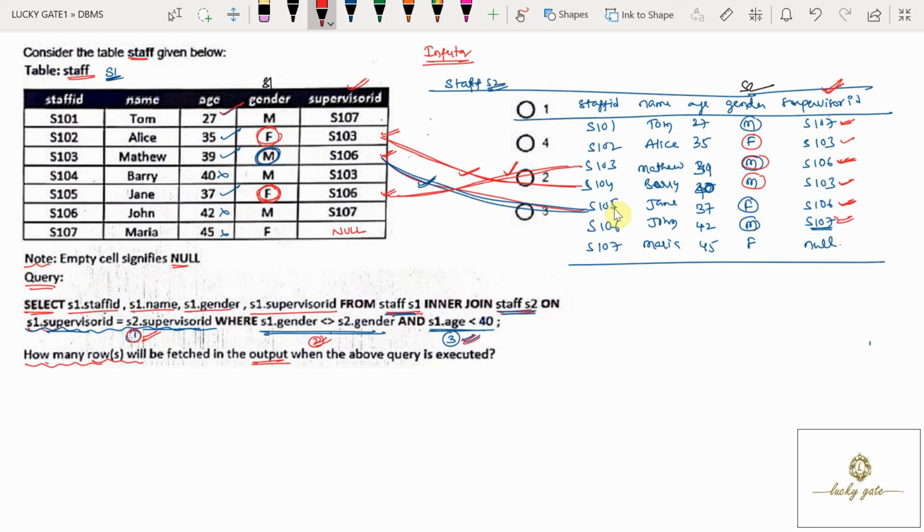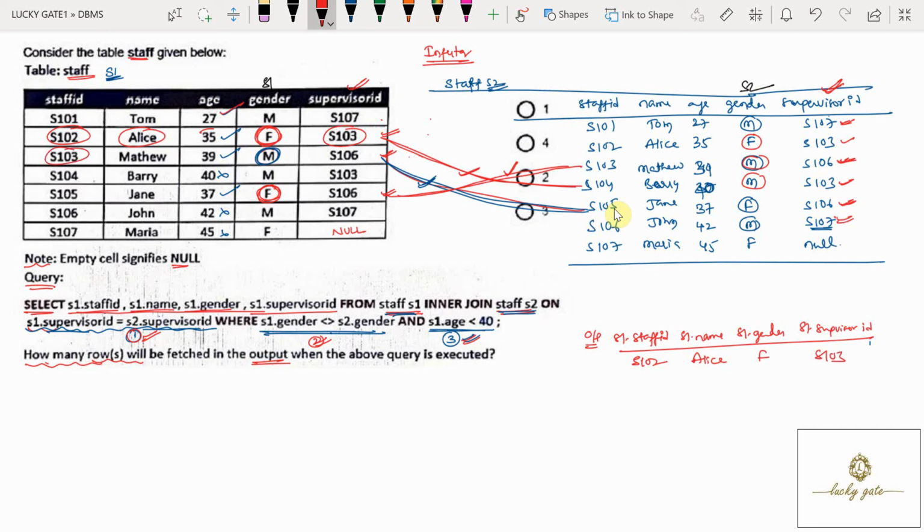For these three tuples, what is required in the output? S1.staff_id, S1.name, S1.gender, S1.supervisor_id. These are the four attributes. For the first combination, that is S102, name Alice, gender female, and supervisor ID S103.